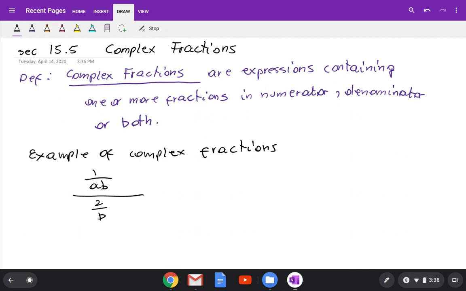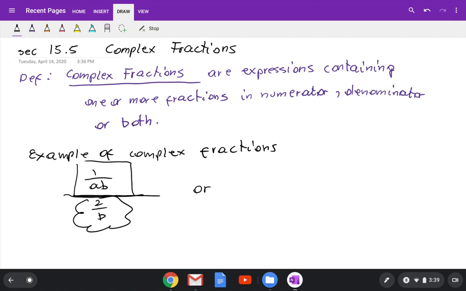So you have fraction divided by fraction, but they look like steps. That's when you hear me doing KCF, keep, change, flip, okay? So you take the first fraction, you change that division to multiplication, and you flip over the second fraction. So that's what we're going to apply here.